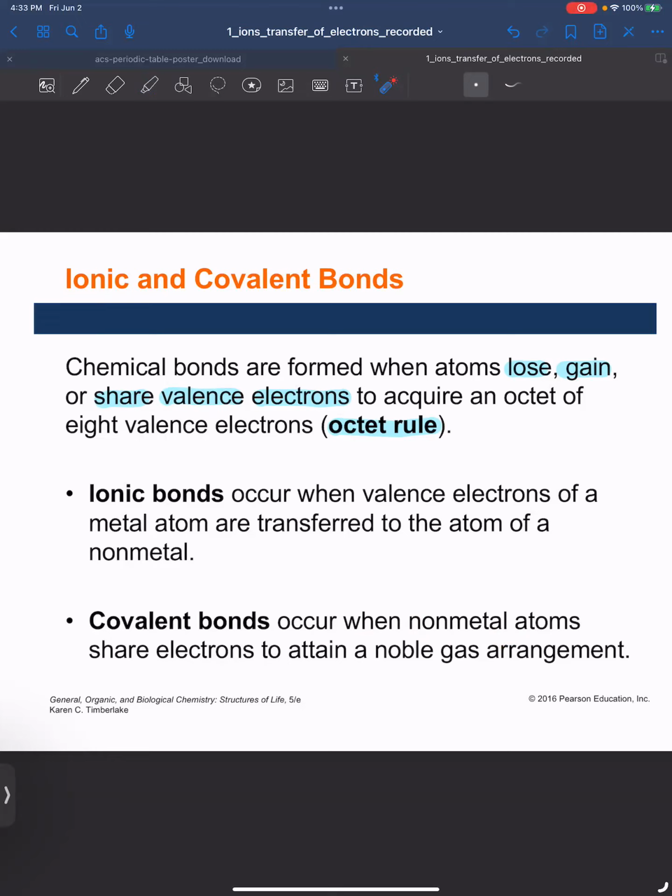Or once again, we'll use that octet rule. So you'll see that in this video and later videos as well. So just the difference, ionic bonds, it's all electron transfer here. And then covalent compounds, or covalent bonds, the electrons are shared.